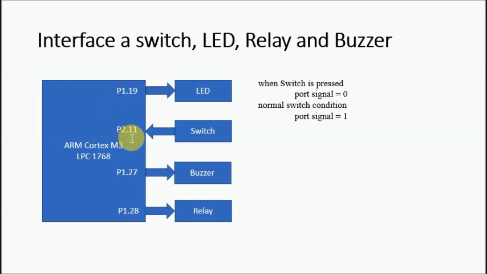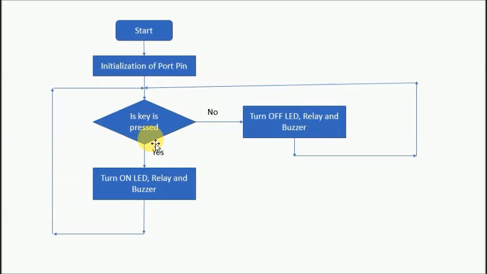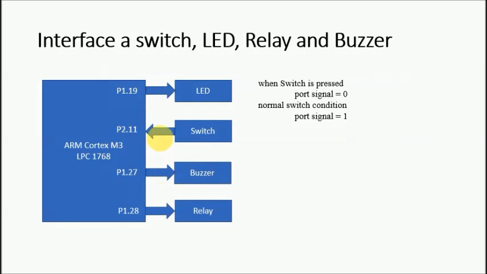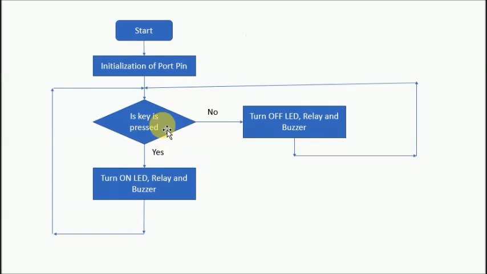In the normal case, we know that the port signal is logic 1, and when the key is pressed, the status of the port pin will be 0. So remember that when we read the pin status, it should be equal to 0. When the pin status is 0, it means that the key is pressed.